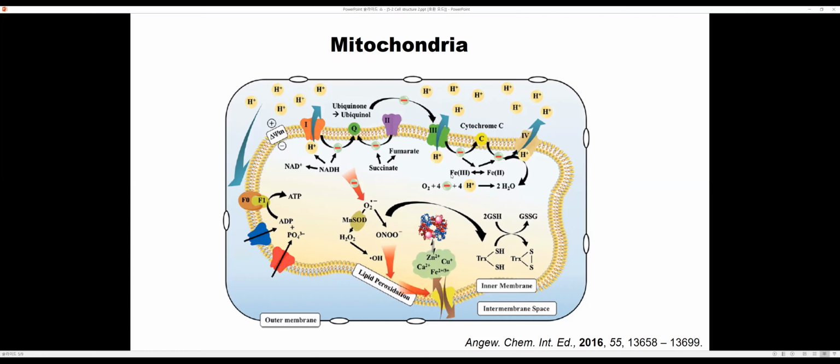Proton pumping is happening here. They pump out the proton here, and then there's a lot of proton in this space. Then you may consider whether this intermembrane space is acidic or basic. Acidic. High proton concentration means this is an acidic environment.